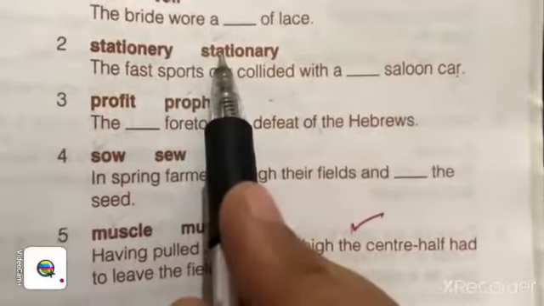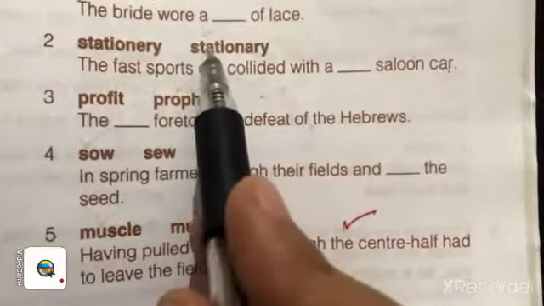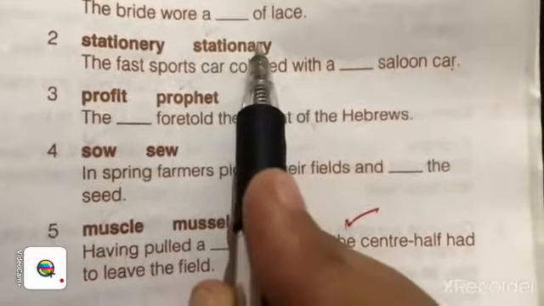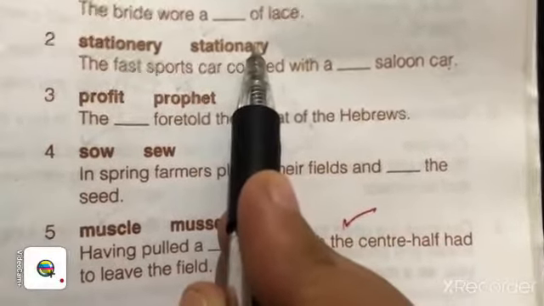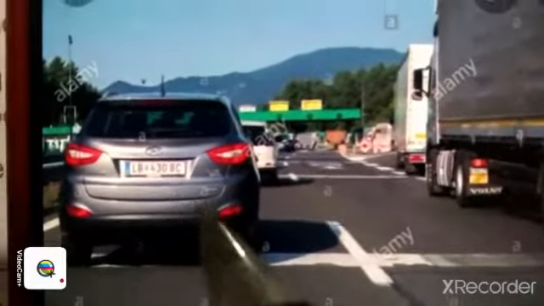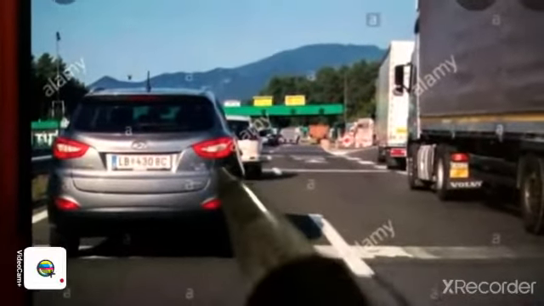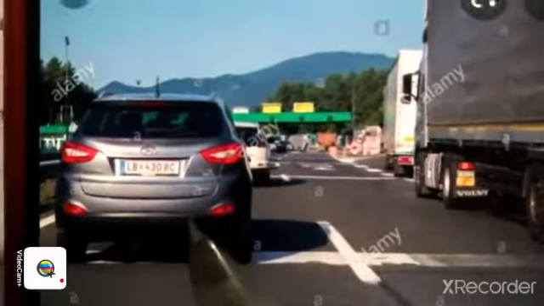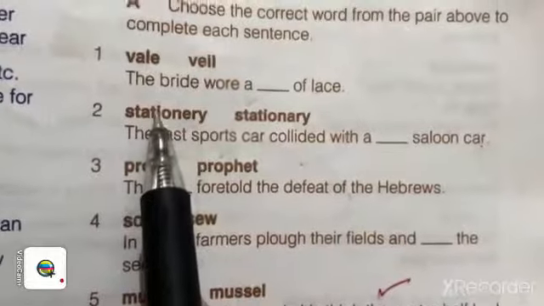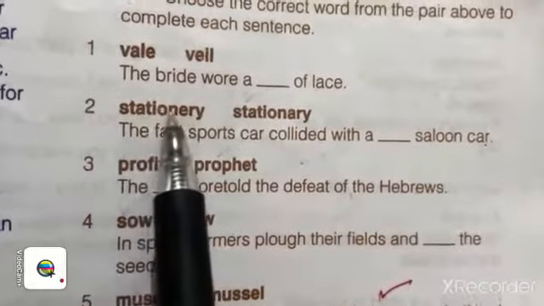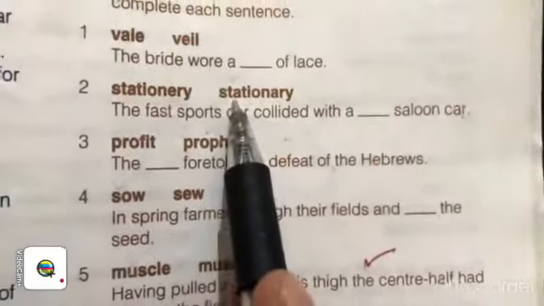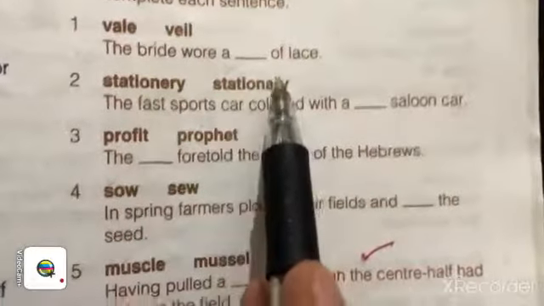This is the other word, stationary, which means standing still. Look here in this picture. The car is standing still, not moving. So this stationery was the writing material and this stationary means standing still.